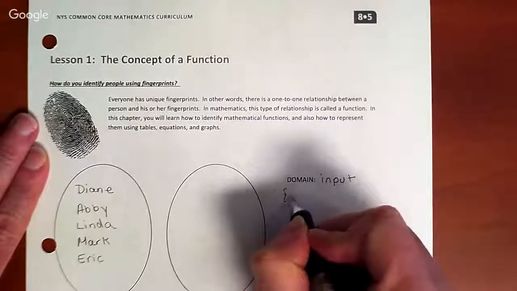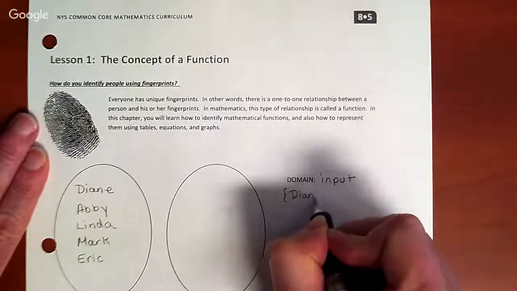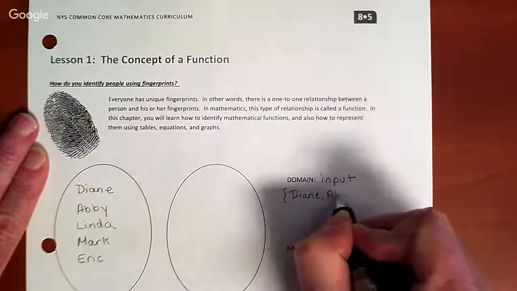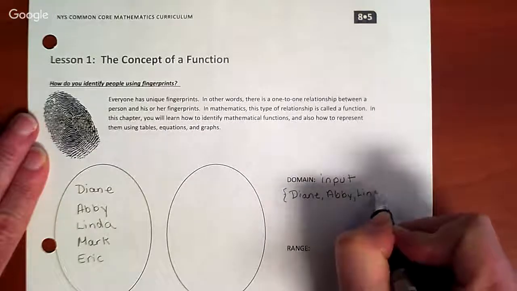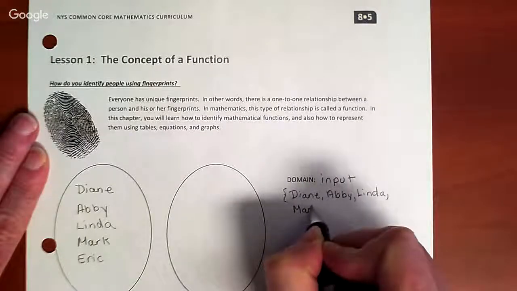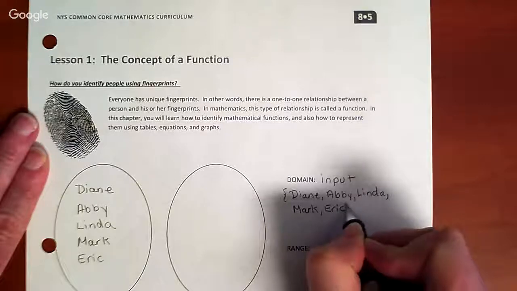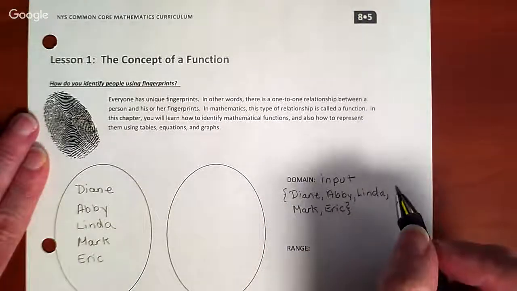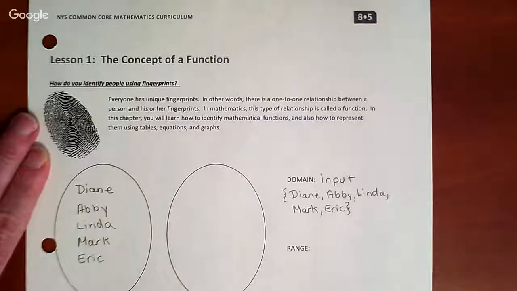And it would consist of, and we have our bracket here, Diane, Abby, Linda, Mark, and Eric. Our output is what comes out once we put those people in.